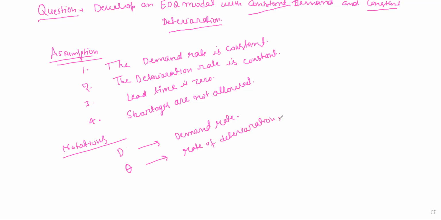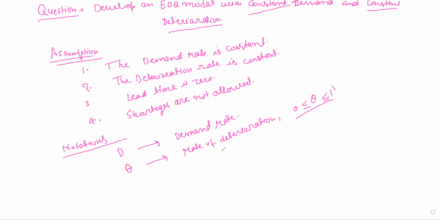Okay, and its value always lies between 0 and 1. If there is no deterioration, the value of theta is 0. If fully deteriorated then it may be 1. For example, if the deterioration rate is 20%, you can write 0.2, and if it is 2% then you can write 0.02, like that. Okay, so it may vary from 0 to 1.